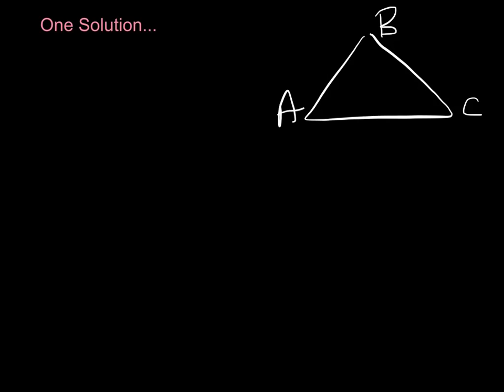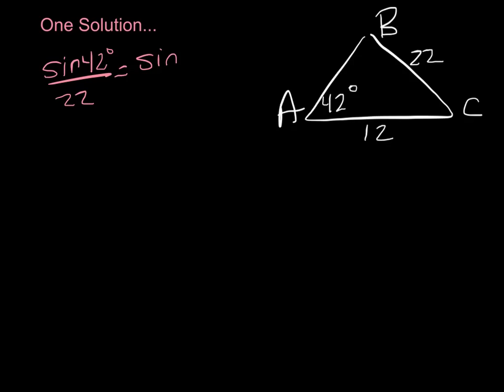Okay, now one solution. Let's say that we are given that a is 22, b is 12, and A is 42 degrees. Again, we notice that this is side-side-angle, so it's the ambiguous case. We use our law of sines. Sine 42 degrees over 22 equals sine B over 12, cross multiply.